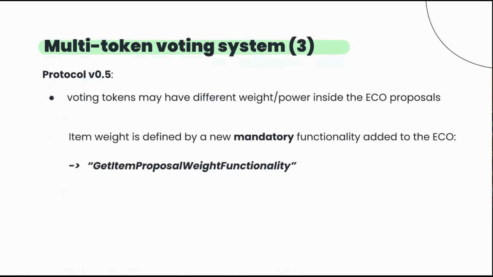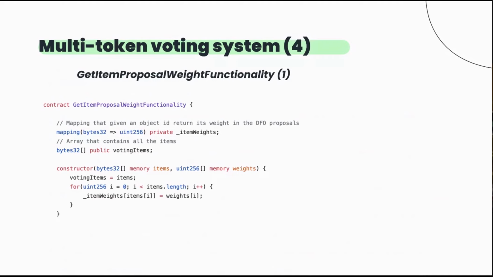So it means that the item weight or the item power of that specific item from a specific collection supported is defined by a new mandatory functionality added to the ECO. So this is a functionality, the get item proposal weight functionality, that all the ECO must have.